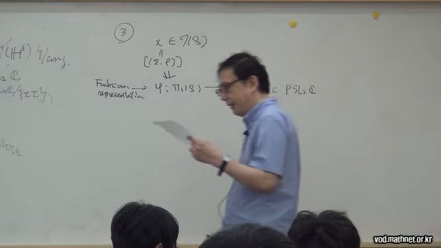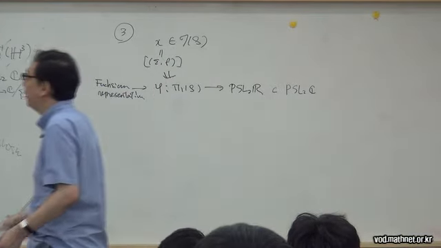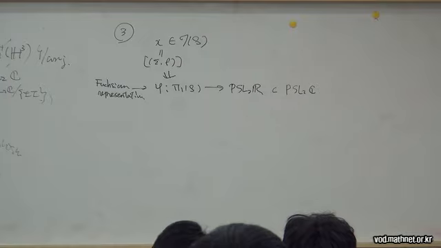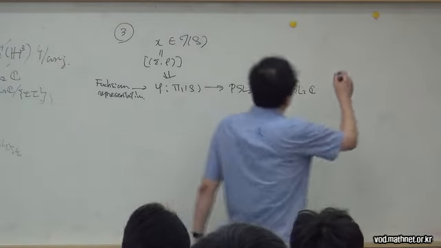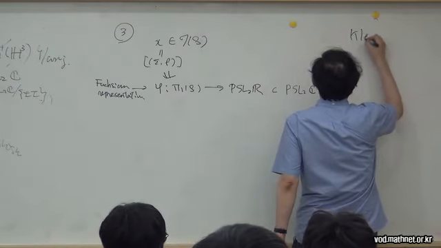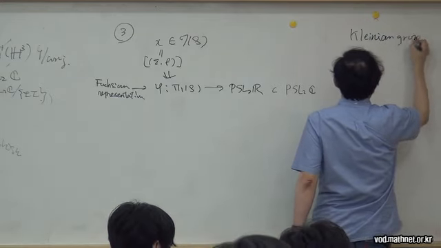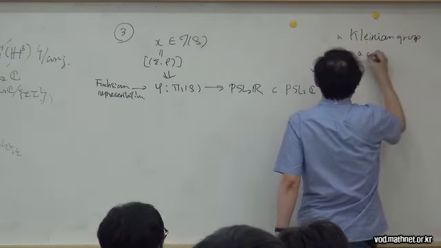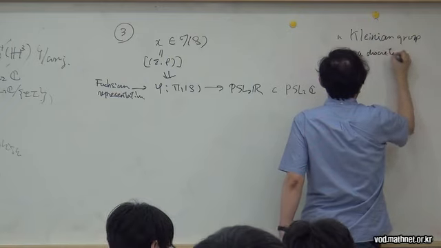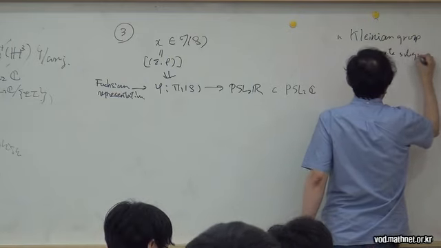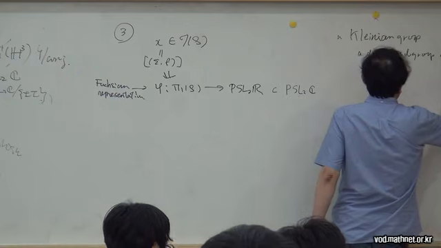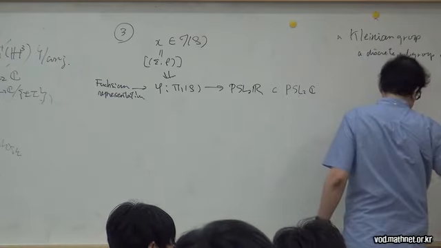Actually, I haven't defined the Kleinian group yet, but let me just tell you that a Kleinian group is a discrete subgroup of PSL(2,C).